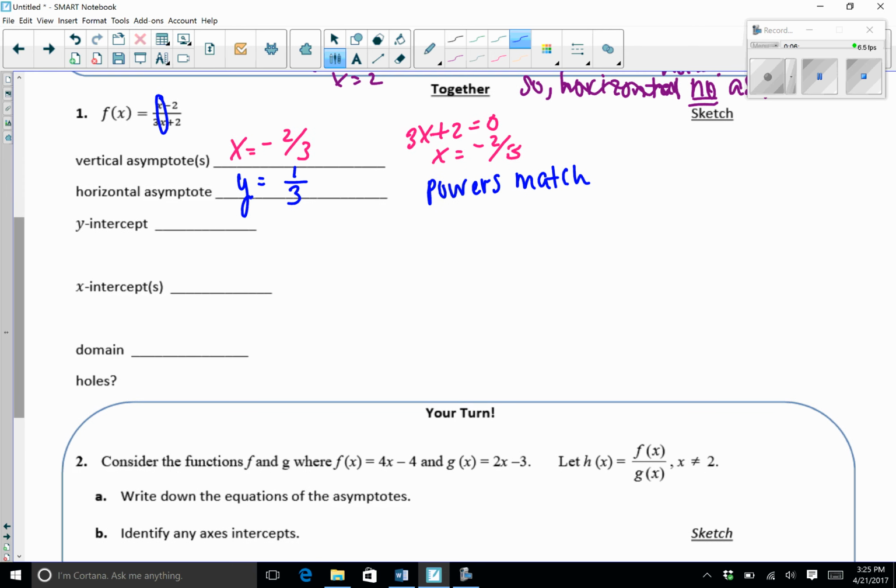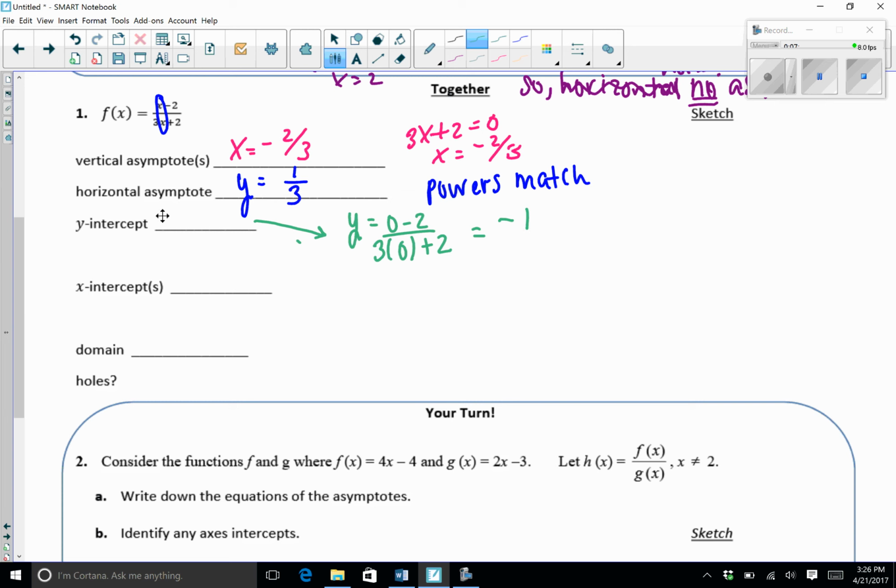We have the y-intercept, you would need to show this procedurally. So I do want to point out, I know a lot of you can find this in your calculator, but both the x and the y you would need to show. So for y-intercept, that's when you're plugging in x equals 0. So we have 0 minus 2 over 3 times 0 plus 2. And this will result in negative 1.